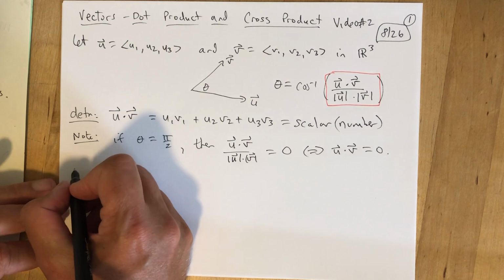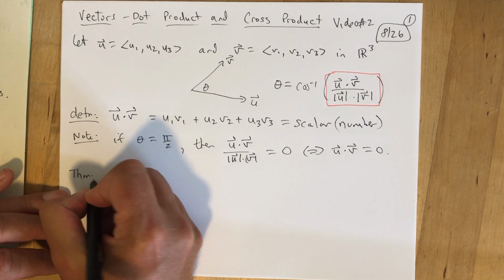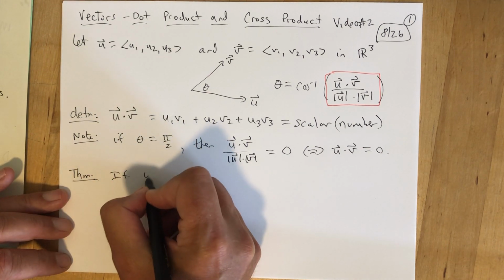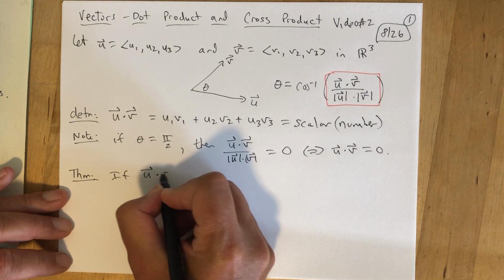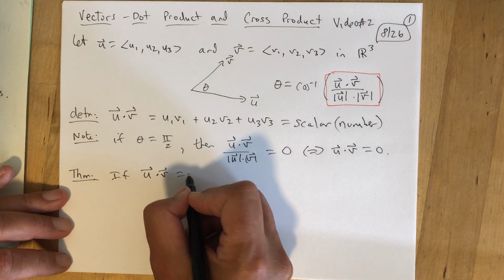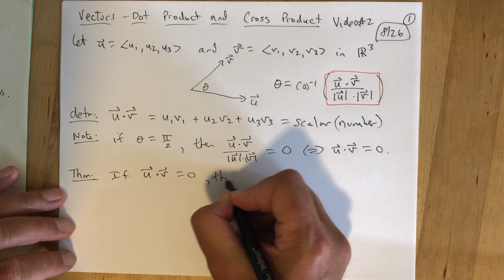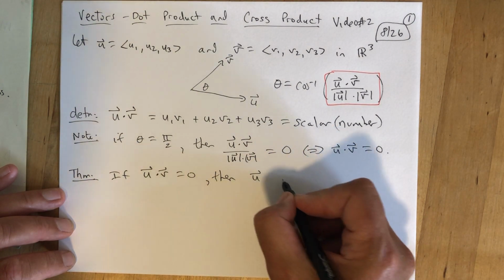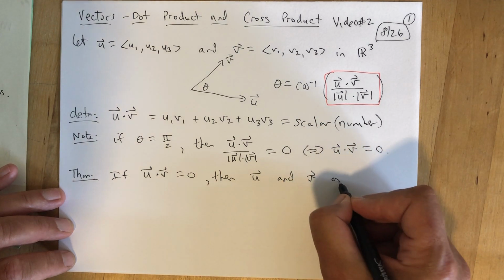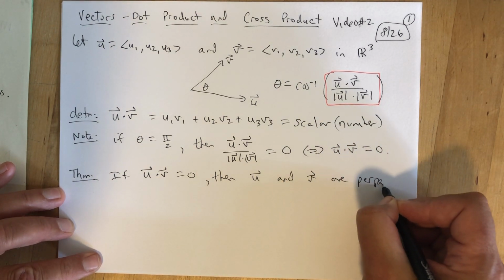So what does this say? This says, all right, this is a little theorem here. If I have 2 vectors, u and v, and their dot product equals 0, then u and v are perpendicular.